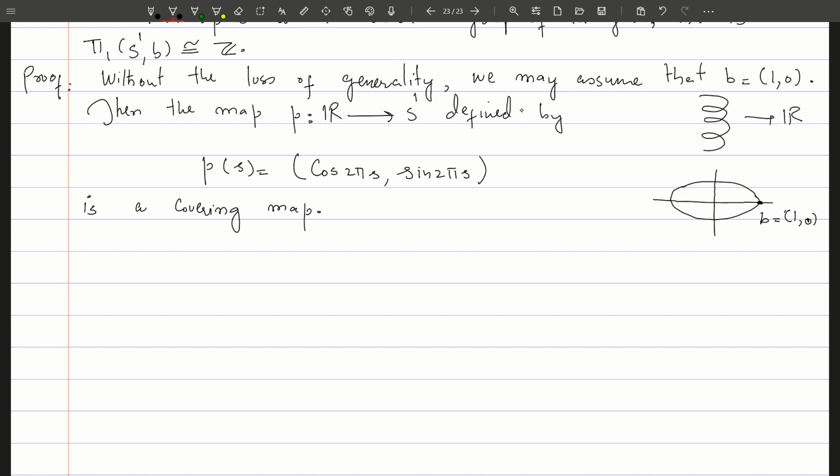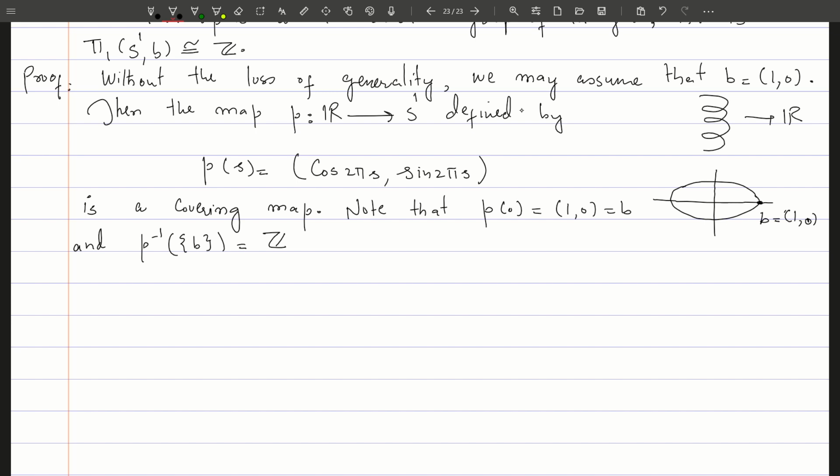Now one can note that if we look at the point P of 0, that will be (cos 0, sin 0), and that is the point (1, 0), which is the point B. And if I look at the inverse image of point B, I get the set of integers, because if we put any integer n, then P of n is (cos 2n pi, sin 2n pi).